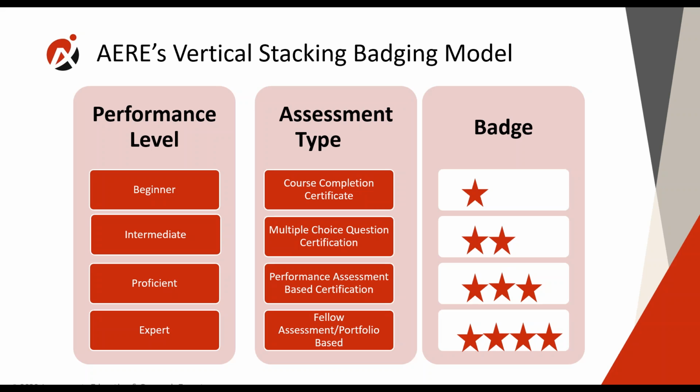So let's say you want the performance level to be, let's say it's IT security, and they're beginner, intermediate, proficient. That's designated by a certain badge. So 1-star, 2-star, 3-star, 4-star, kind of like the military does with their generals. They just have more experiences and things like that, and requirements to get to that when they're promoted.